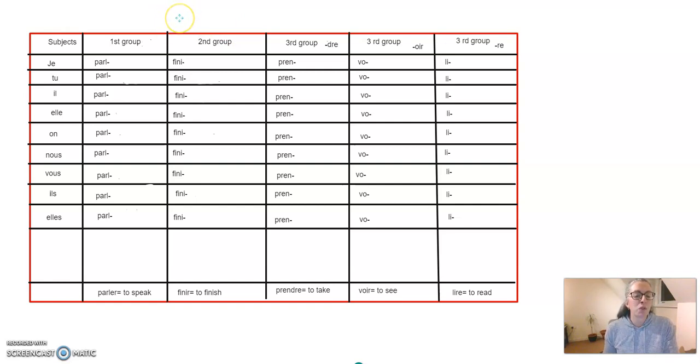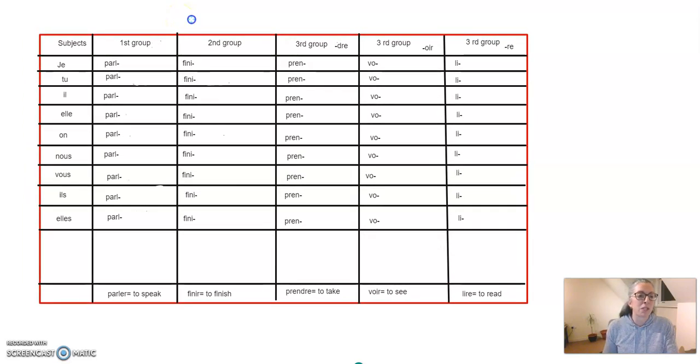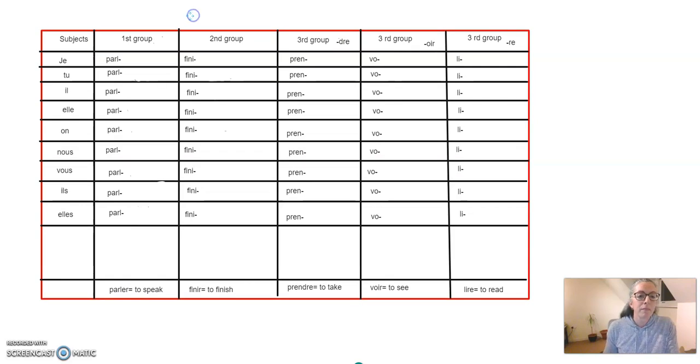So we have the first group, the second group, and the third group. The verbs are all separated into three groups. The first group acts in a specific way, and today I'm representing the first group by the verb parler, which is to speak. The first group verbs all end with ER.